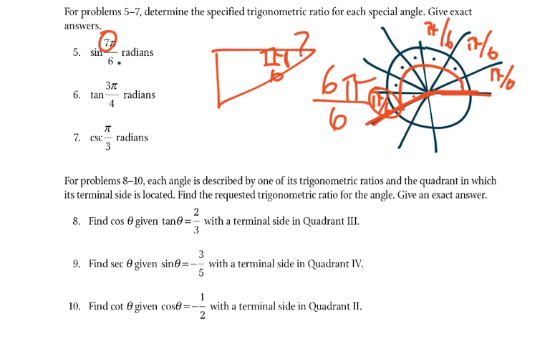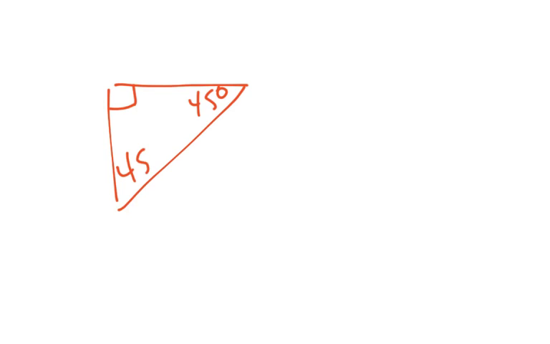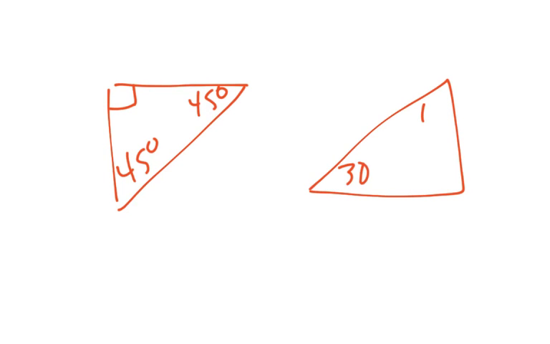Now, this goes back to those special right triangles. Okay. There's certain angles that have a certain pattern, I guess I should say. So we have 45, 45, 90 triangles. We have 30, 60, 90 triangles.